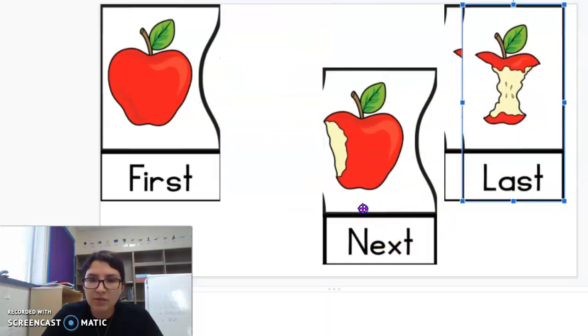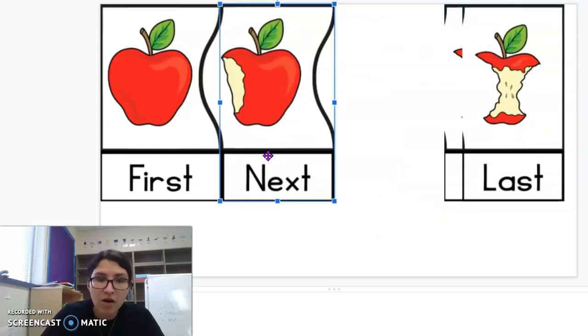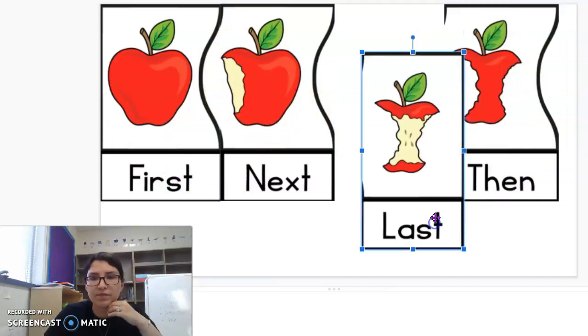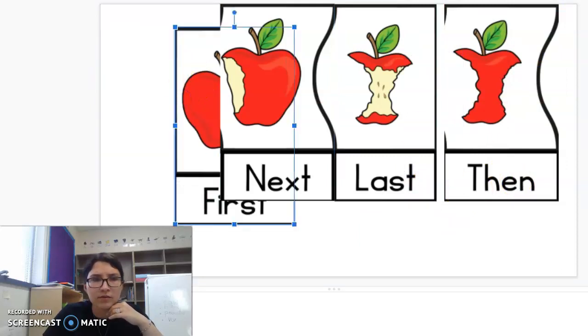I think it's going to be the one that says next. Why do I think that? Well, it's usually first, next with the words. And if you look right here, you have a whole apple, and then when you start eating an apple, you have just a bite or two, right? Okay, is it going to be first, next, last, then? That doesn't make sense.